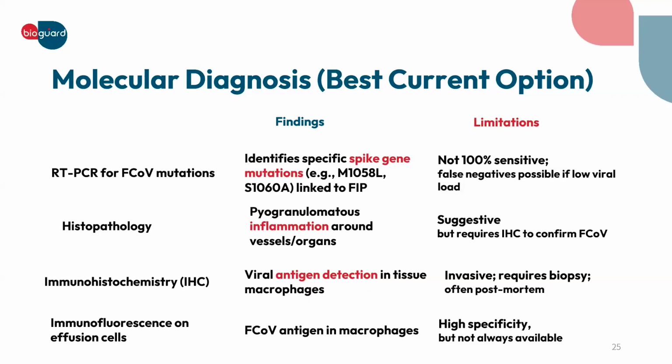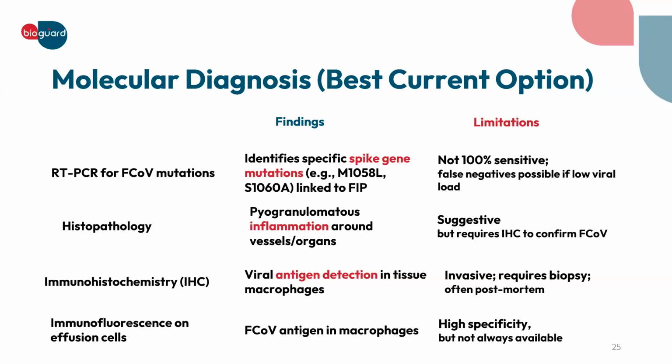Only a reference lab can do it, and it is also not very cost effective. However, when we talk about IHC, which is immunohistochemistry, combined with histopathology, it can detect the presence of virus in the tissues, macrophages. Okay, however, it requires a biopsy.